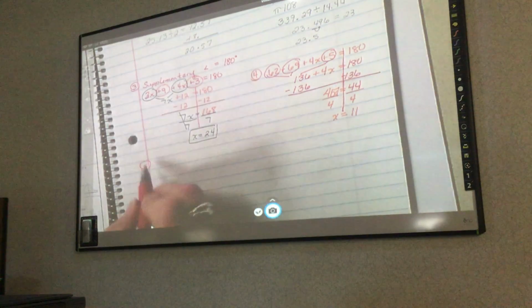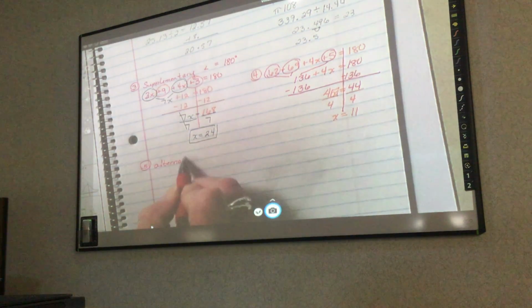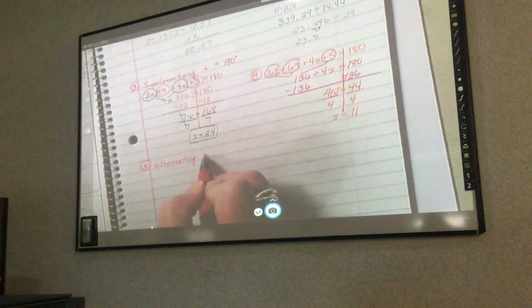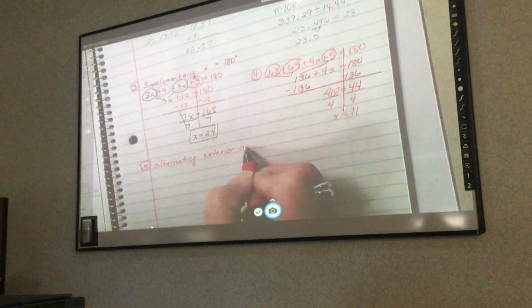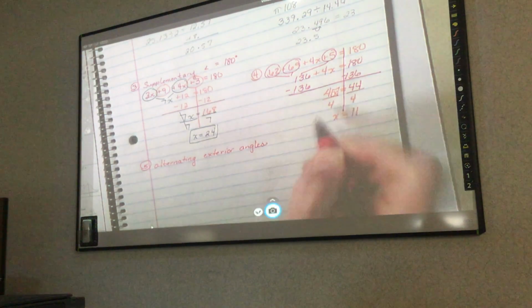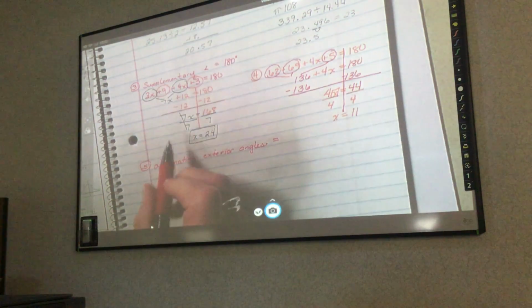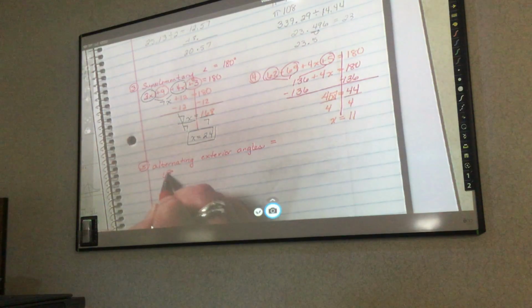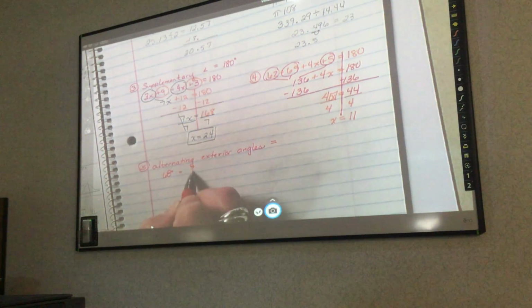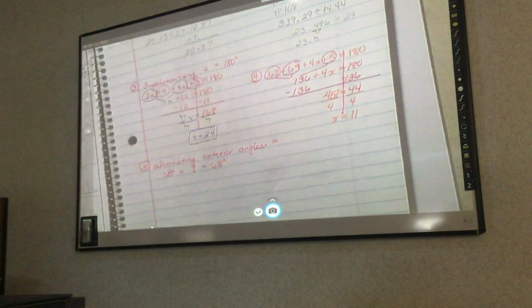You need to write it down. It's alternating exterior angles. And alternating exterior angles equal each other. So if one is 68 degrees, the question mark is going to equal 68 degrees.